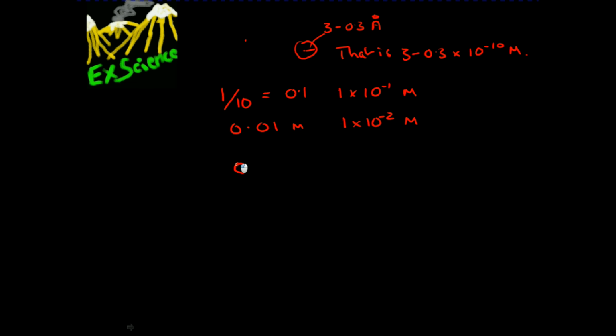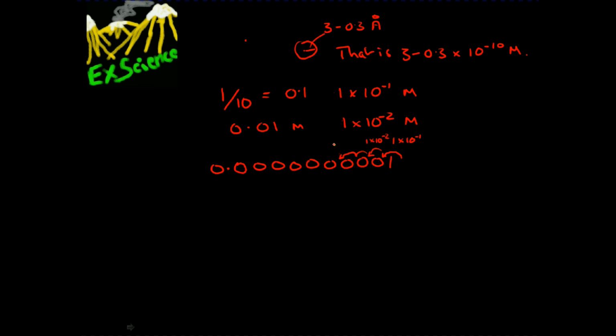Each time I move the decimal point, if I move the decimal point to there, then I'm writing 1 times 10 to the minus 1. If I move it to here, it's 1 times 10 to the minus 2.